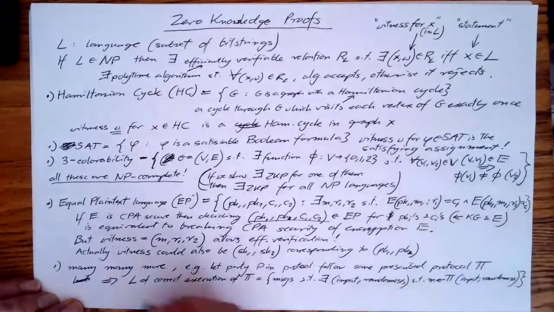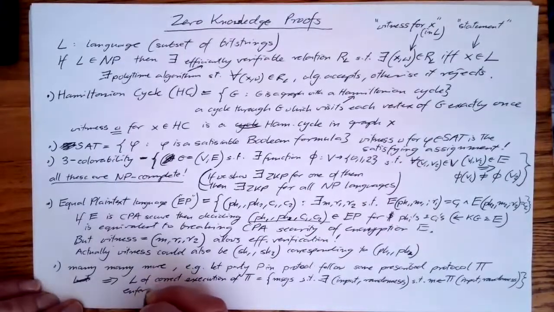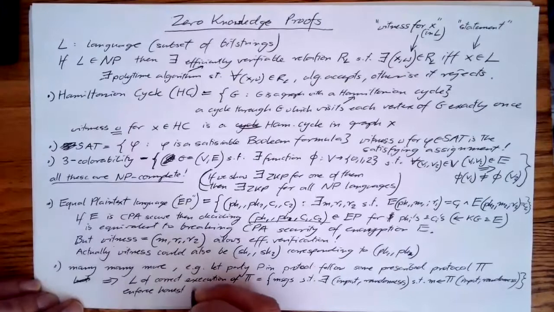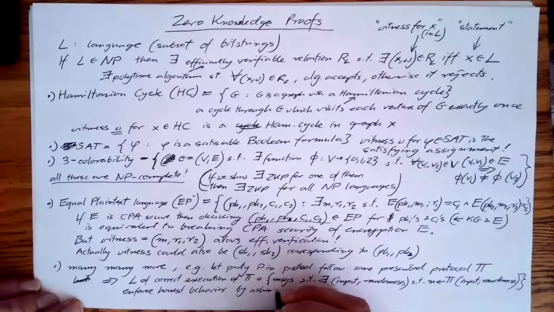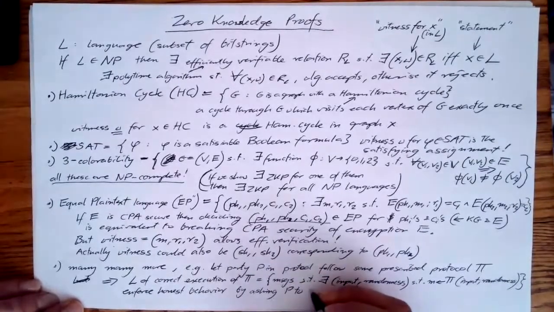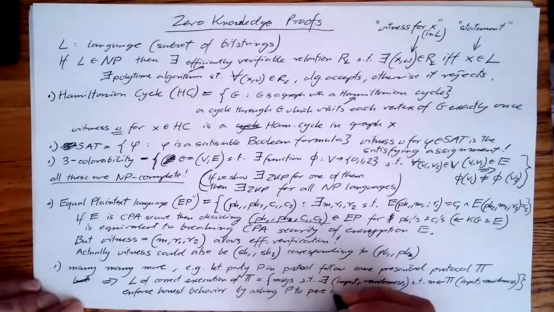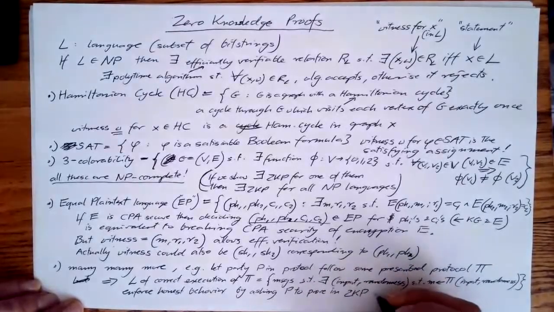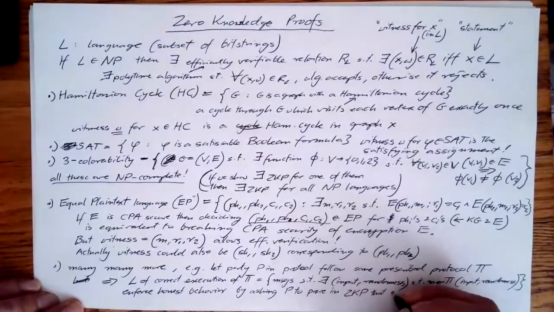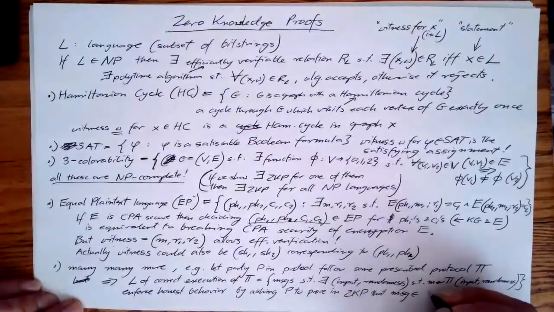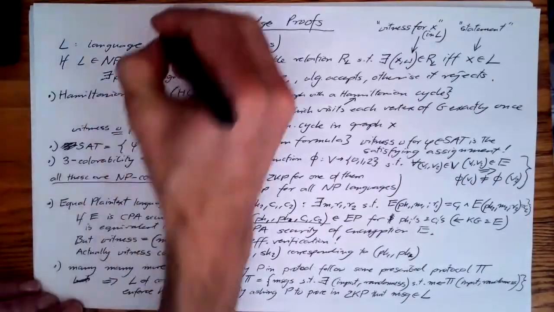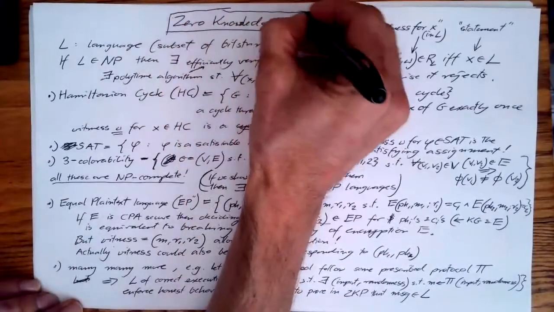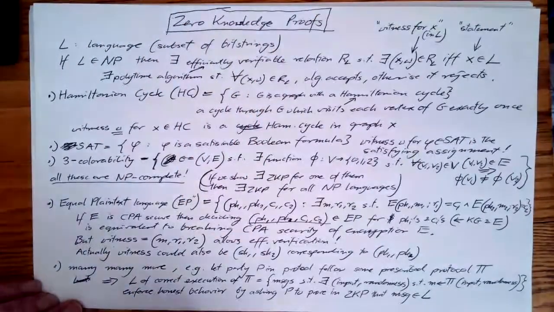Now you can enforce honest behavior by asking P to prove in zero knowledge, using a zero knowledge proof, that its message is in this language. And it will be zero knowledge.